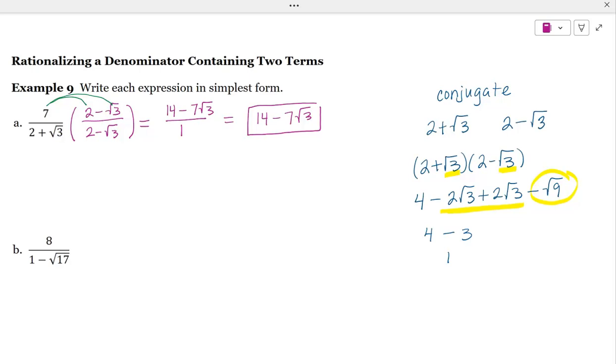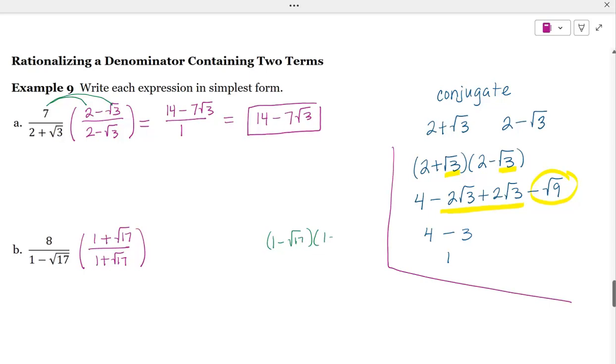Going on to example B, let's do some side work. We know that we're going to want to multiply by the conjugate, 1 plus the square root of 17. Let's do a little work over here on the side to see what we get when that happens. I've got 1 minus root 17 times 1 plus root 17.